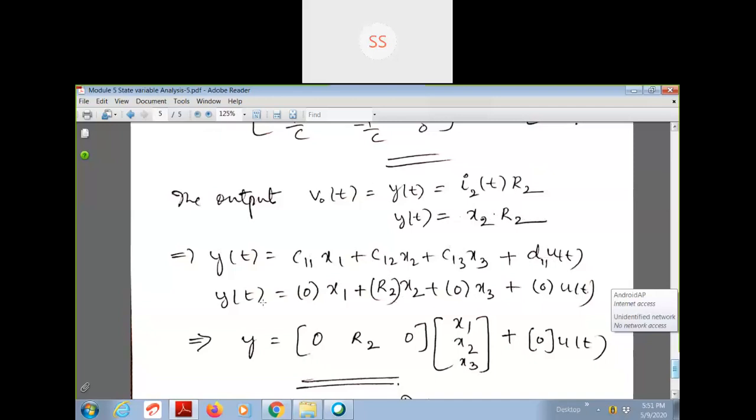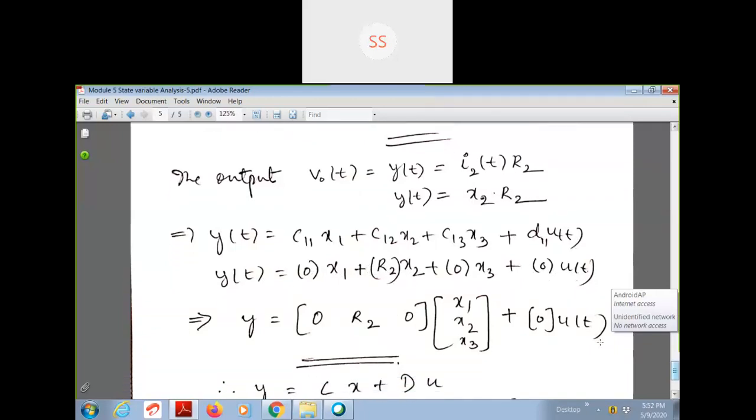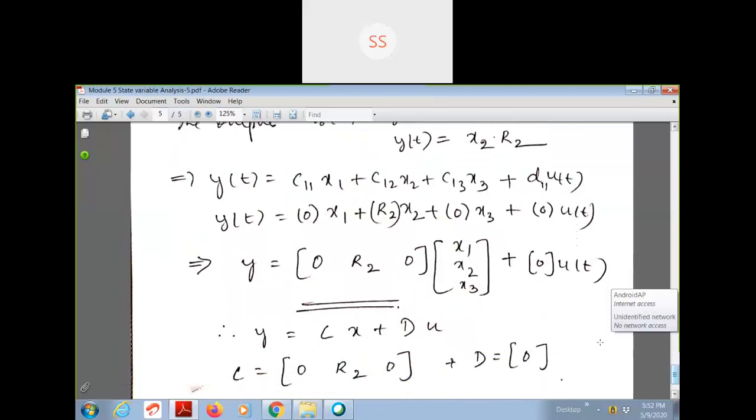So we put all those coefficients as 0 and rewrite the output equation in the standard format: y of t equals 0 into x1 plus R2 into x2 plus 0 into x3 plus 0 into u. Now we can write the matrices C and D. Comparing with y of t equals C into x plus D into u, we collect only the coefficients 0, R2 and 0.